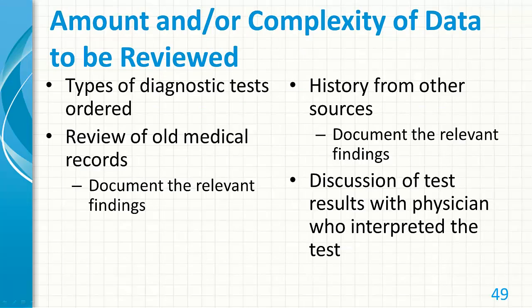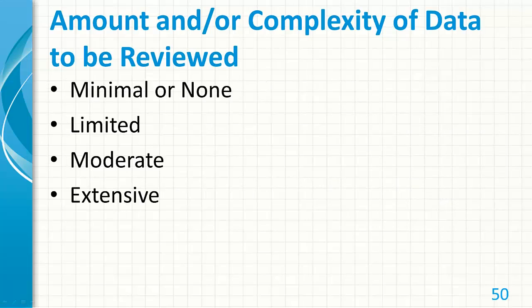CPT and the CMS guidelines describe what is needed for determining the level for amount and/or complexity of data to be reviewed. Again, I'm not going to read this, as the description is too ambiguous to determine the level. Also, the names of the 4 levels are not particularly specific.